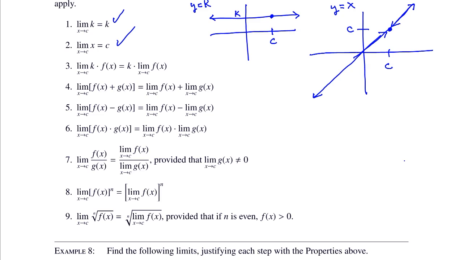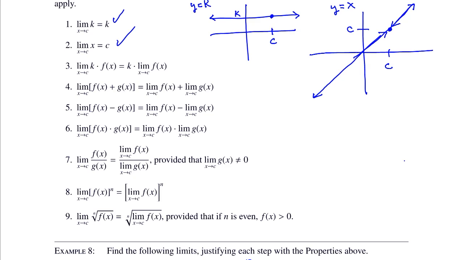In other words, if you have a constant being multiplied by a function, and you take the limit as x goes to c, that is the same thing as finding the limit as x goes to c of the function by itself, and then multiplying that result by the constant k. So you can multiply the constant k before or after. It does not matter.